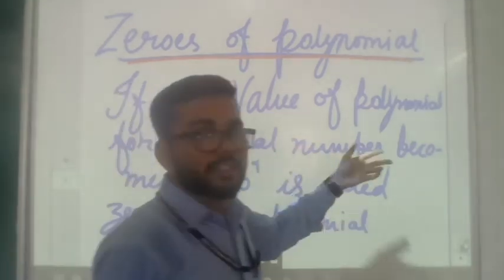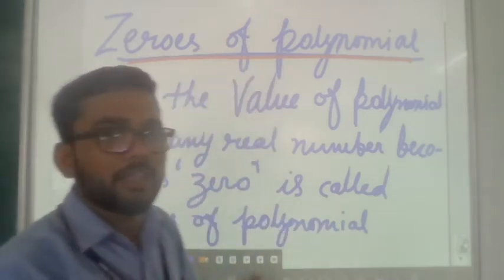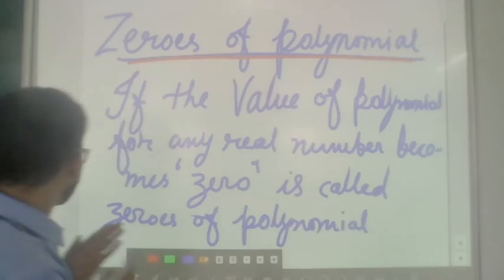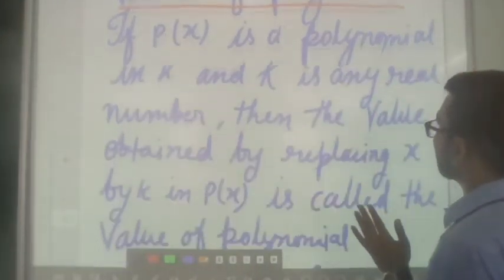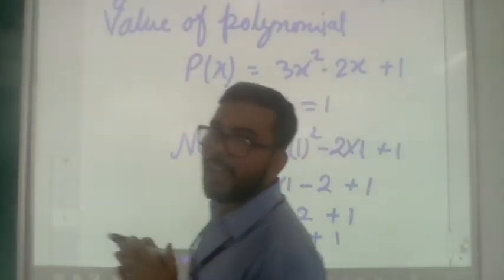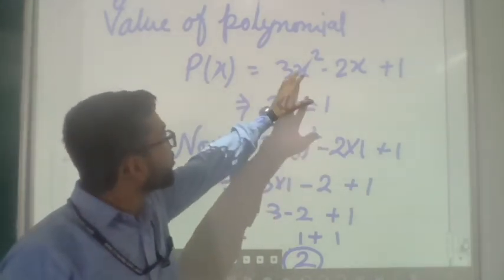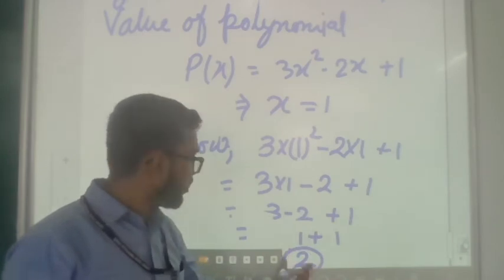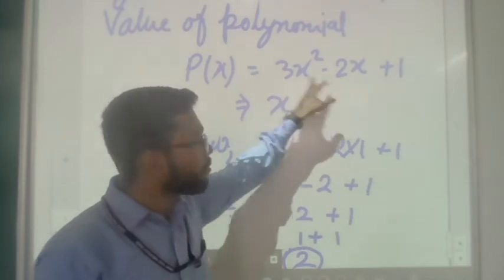In the previous example, we observed that if we put any real number in place of x, we obtain some value. Like in the previous example, we took the polynomial 3x squared minus 2x plus 1 and replaced x by 1, and we obtained the value 2. That 2 is the value of this polynomial.